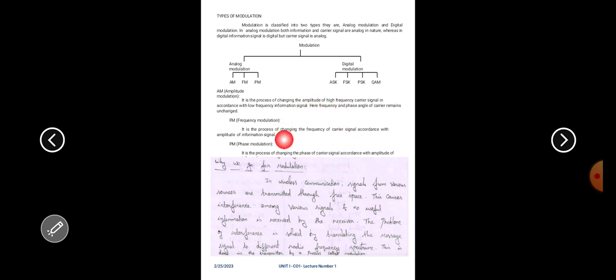Amplitude modulation is the process of changing the amplitude of a high frequency carrier signal in accordance with the low frequency input signal. Here the frequency and phase of the carrier remain constant. What is FM?